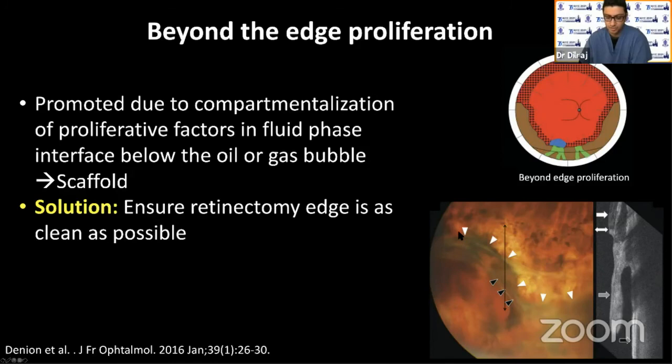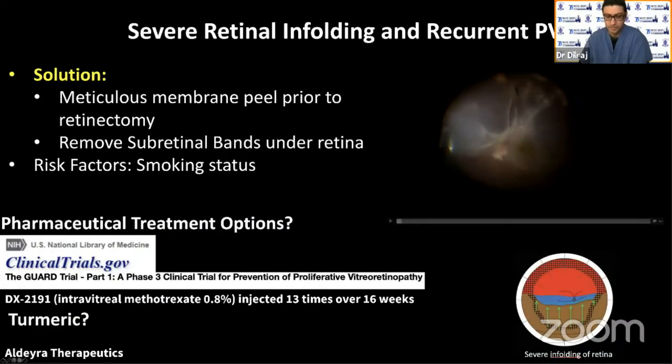And this is thought to result because of all the growth factors that are sequestering the fluid phase. For severe retinal infolding and recurrent PVR, again, meticulously removing the membranes before you perform the retinectomy. Remember that the last step should be performing the retinectomy. All your efforts for membrane removal need to be before that. The one exception is that if there are subretinal bands and membranes, those can be removed after reflecting the retinectomy.